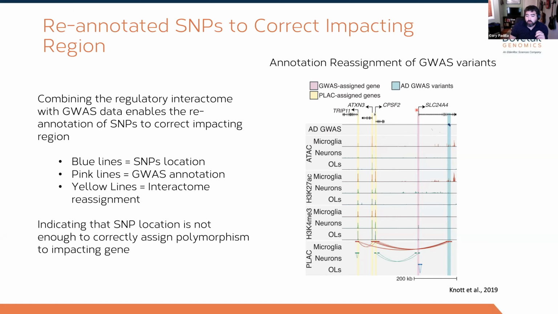And what we actually don't see is any indication that this SNP interacts with the promoter of SLC. So this is very clearly a misannotation of what this SNP is actually doing. What we think it's doing is that the SNP is impacting the enhancer location, or the ability for these enhancers to occur at this region.